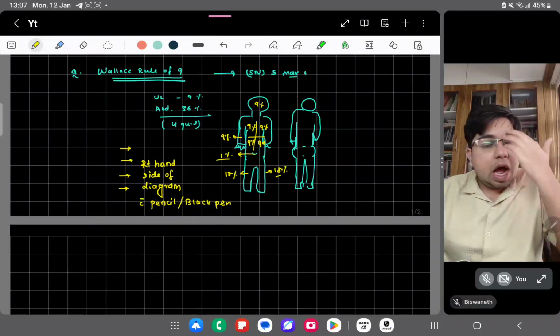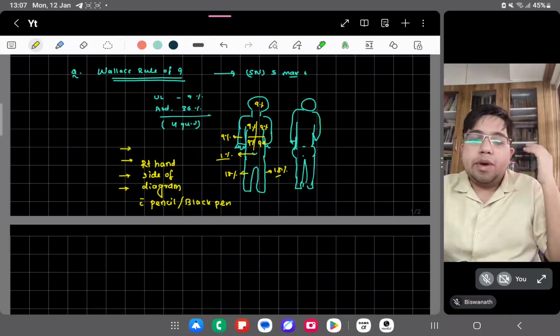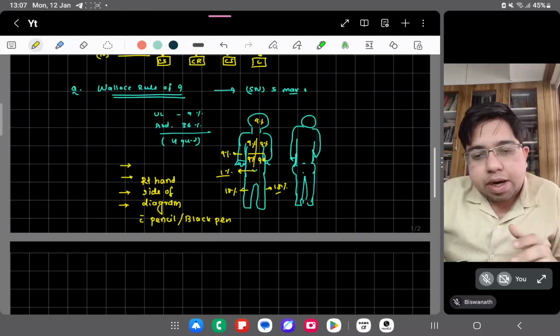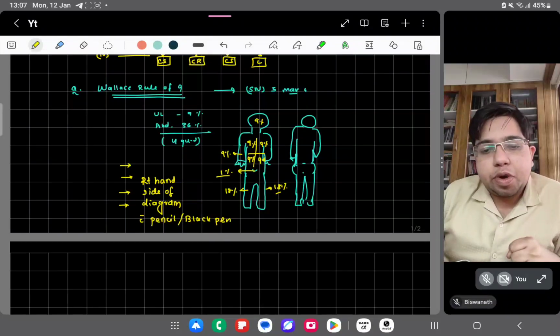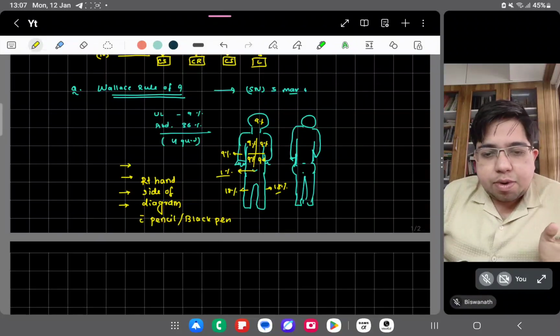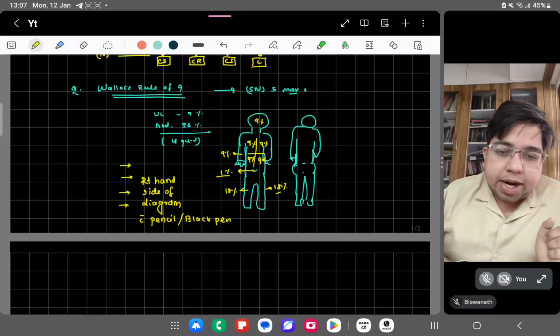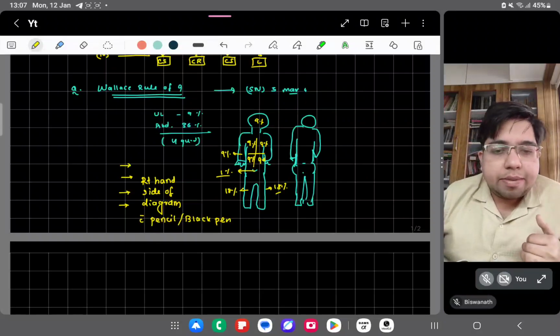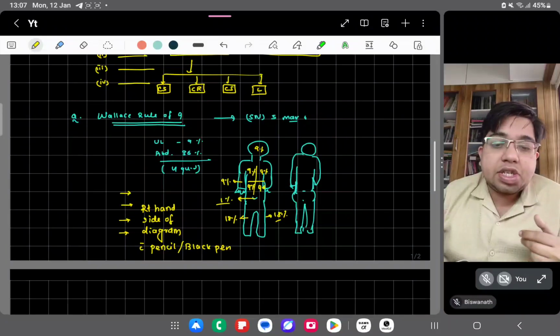If you are thinking, how will I get so much time? The point is, you don't have to write anything more if you did a proper diagram. You practice diagrams, no problem in that. Make it a hobby to practice diagrams, it's good. If you have an art hobby, you can draw the diagram and make the presentation very good.